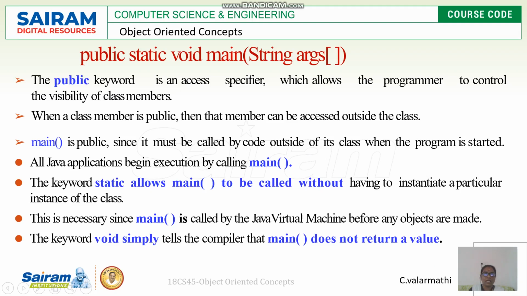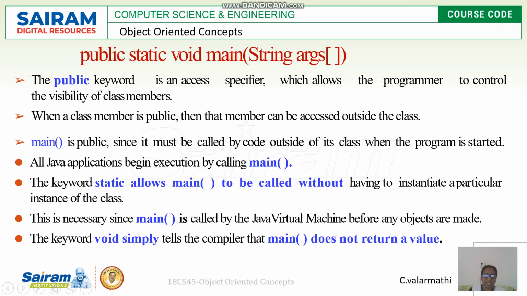Next, coming to public static void main. We have to know the meaning of each keyword here. Public is the access specifier which allows the program to control the visibility of a class member, and main is the name of the method. And what does the word static mean?